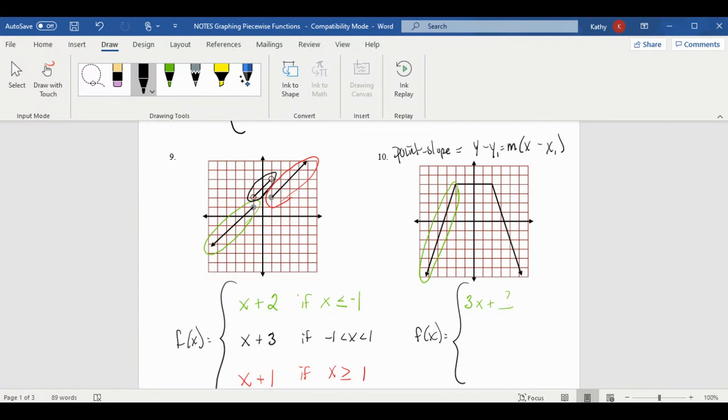Okay, so you just need a point, which is your x1, y1, and you need a slope, which is m. So you do have a slope. The slope in this case is 3.